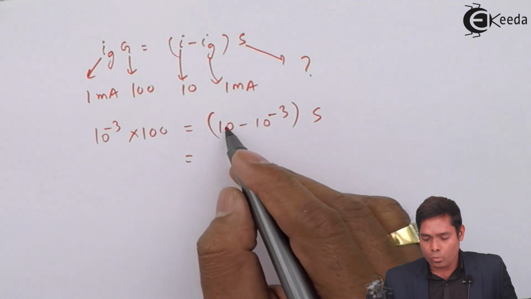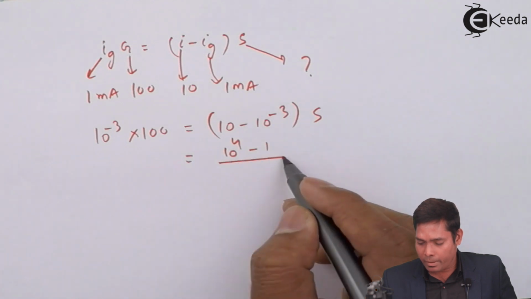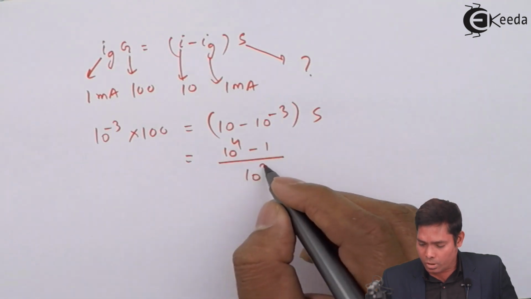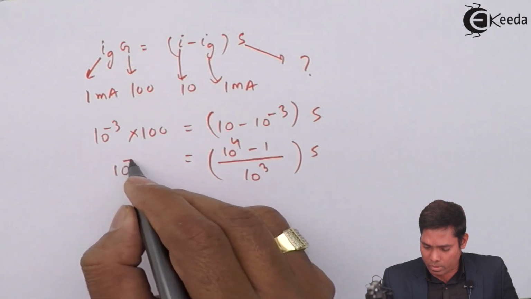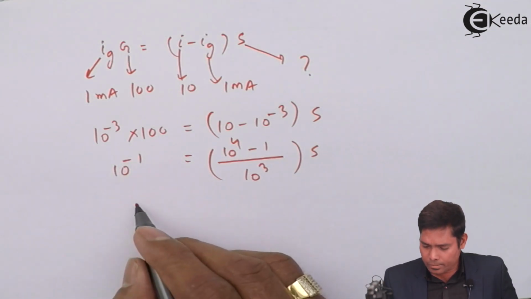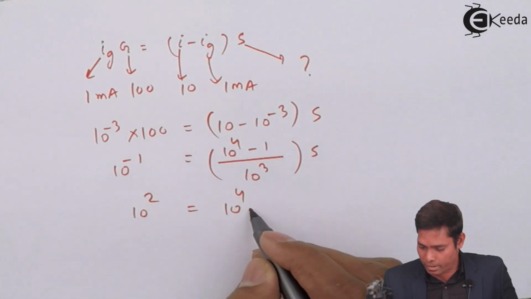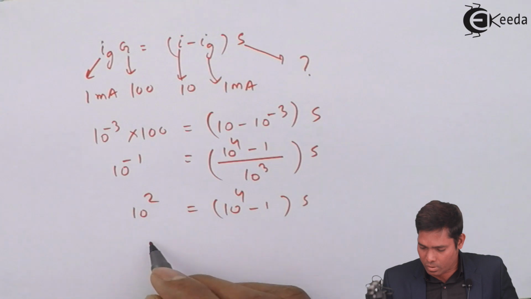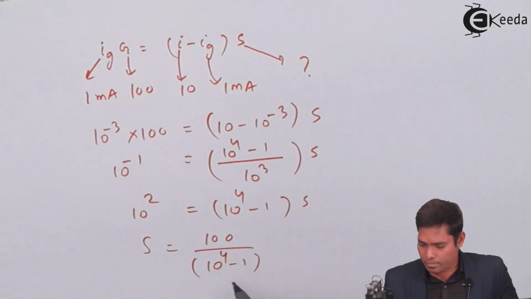So it is 10 raised to 4 minus 1, divided by 10 raised to 3, into S. Here it is 10 raised to minus 1, so it goes to this side. 10 raised to 2 is 10 raised to 4 minus 1 into S. So S is 100 divided by 10 raised to 4 minus 1.